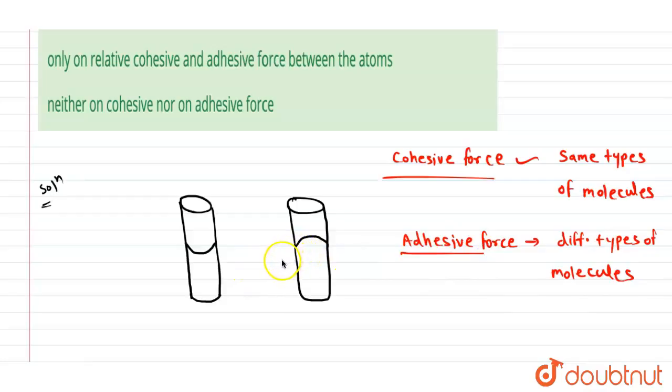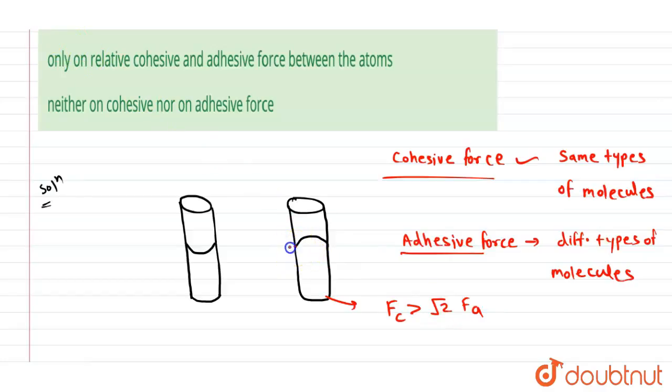First, let us try to understand how the shape depends on these forces. For the upper meniscus, the cohesive force should be greater than or equal to root 2 times the adhesive force. Then the upper meniscus will form.